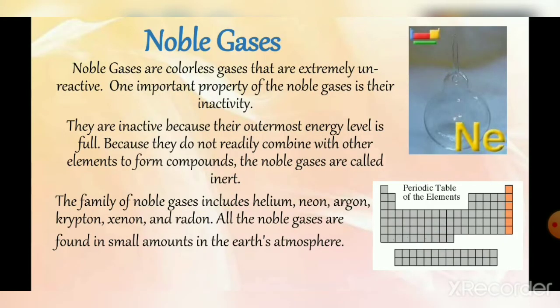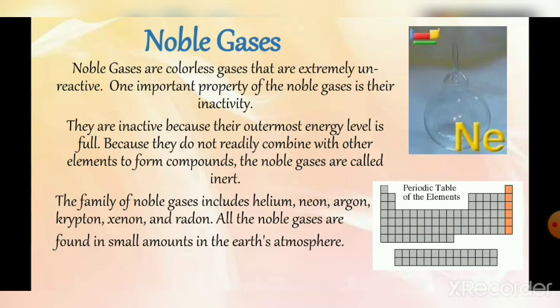Now we will go into detail about these noble gases. Noble gases are colorless gases that are extremely unreactive, as just said before. One important property of the noble gases is their inactivity. They are inactive because their outermost energy level is full, so they do not readily combine with other elements to form compounds. The noble gases are called inert.